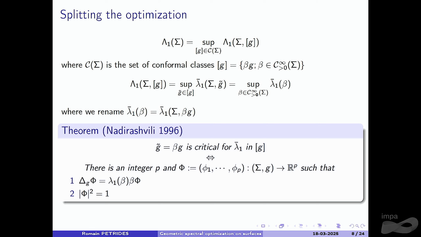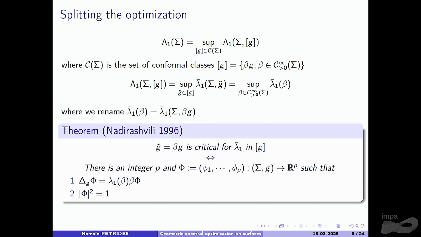So it's again a result by Nadirashvili. I renamed the functional lambda 1 as lambda 1 depending on the function, lambda 1 of beta. And if beta is critical for lambda 1, then we have those two conditions.